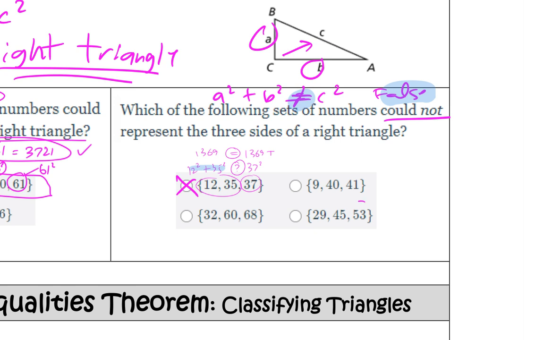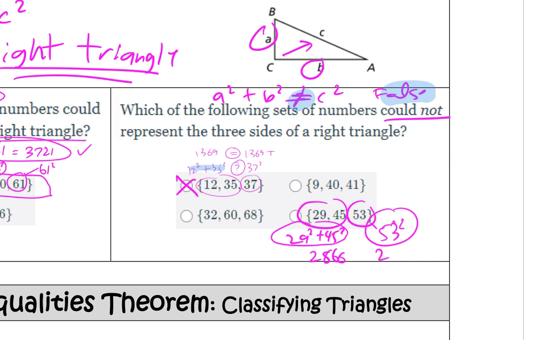If we did 53 squared and compared that to 29 squared plus 45 squared, these two would add up to 2866, while 53 squared calculates to 2809. Since those are not equal, that would be false, and that is our correct answer. This one right over here is our correct answer.